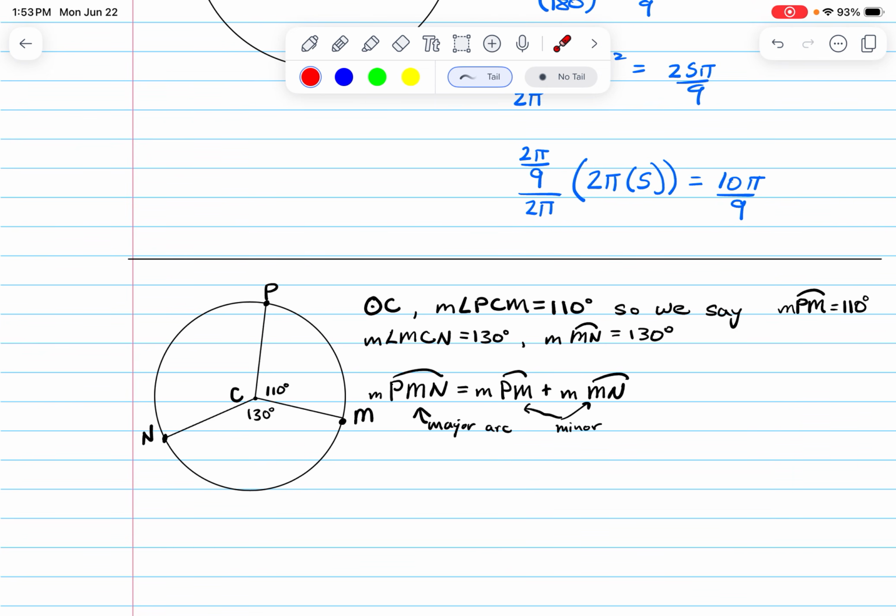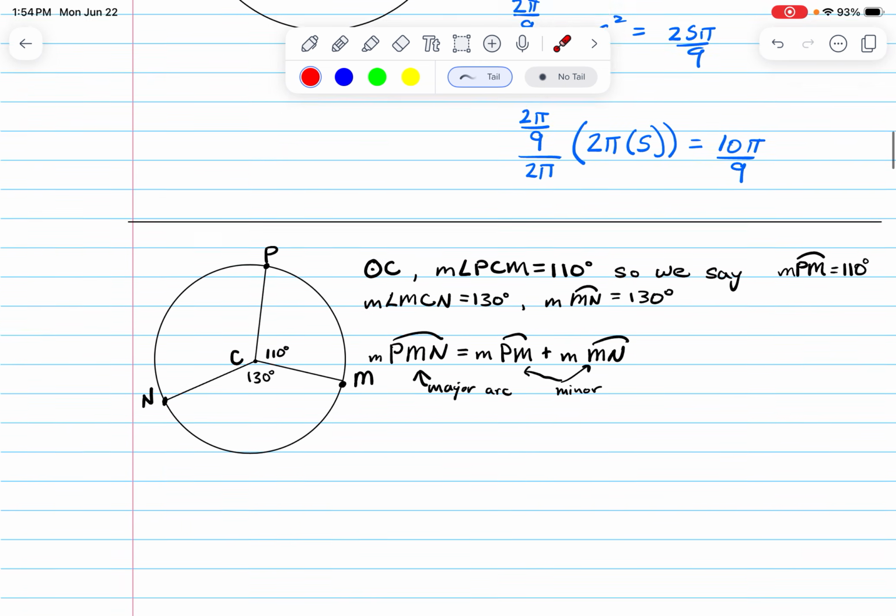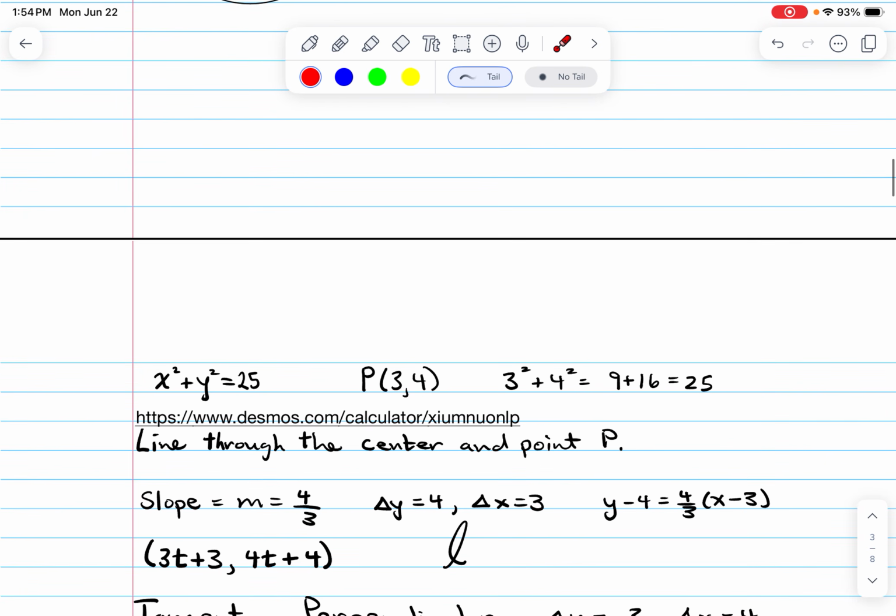So we refer to those as minor arcs. So PM and MN are minor arcs. However, this one, PMN, that's bigger than 180. We would refer to that as a major arc. Okay, so that's just some notation there.